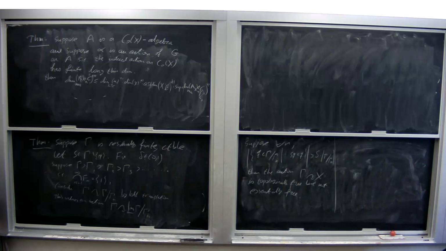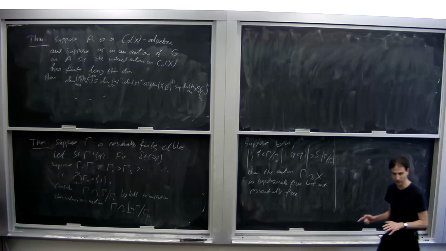X is the inverse limit, yes. It's basically some improvement of his method. If you look at his paper, he didn't write it like this. He had more conditions. What we did is we simply stared more carefully at his methods.